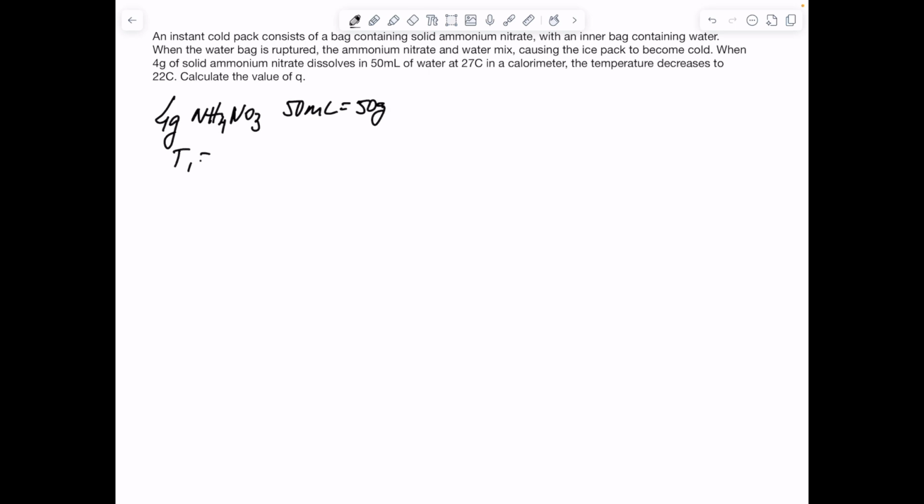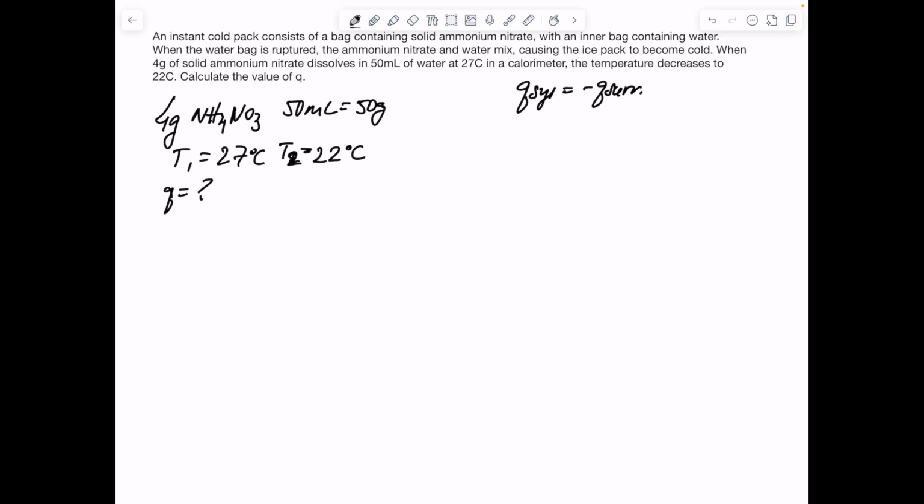We have T1 and T2 here. So we have 27 degrees and 22 degrees Celsius, and we want to find out Q. So once again, we always start with Q system equals negative Q surroundings, okay?